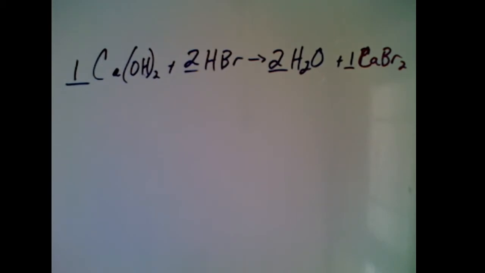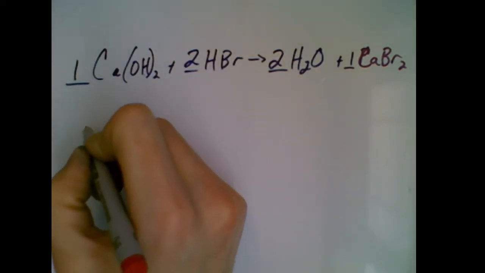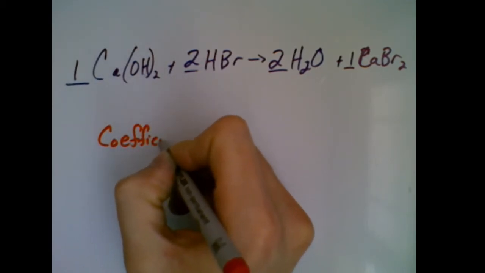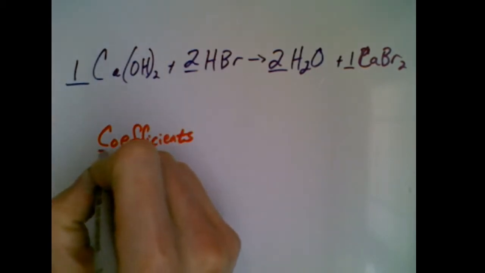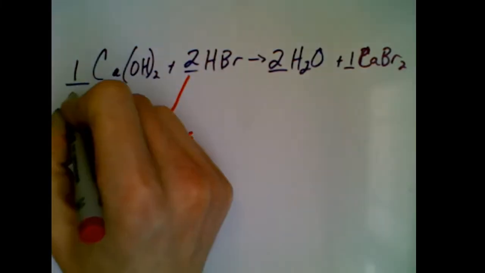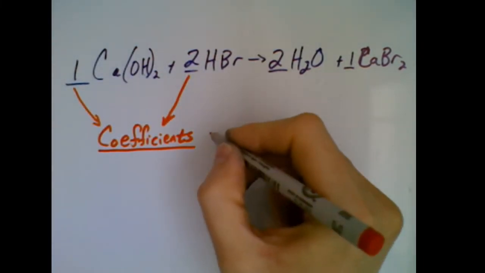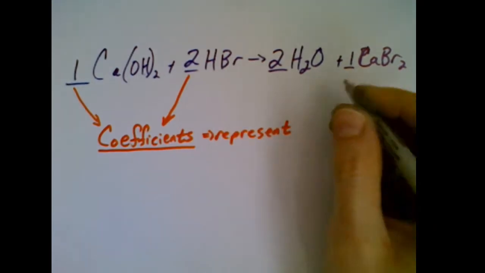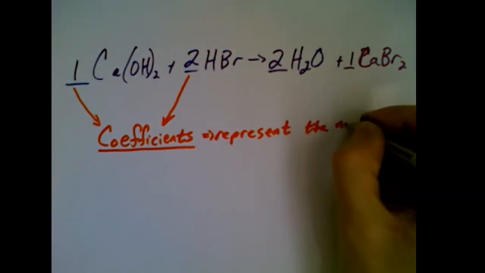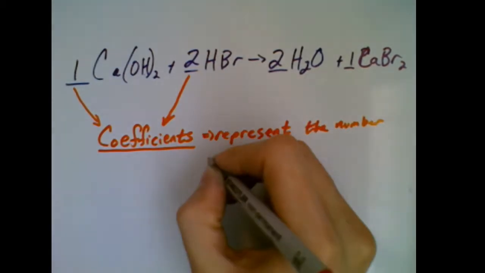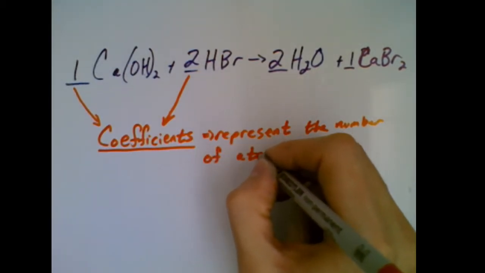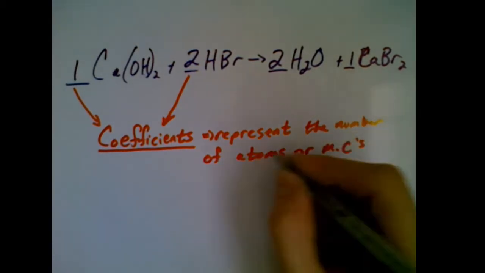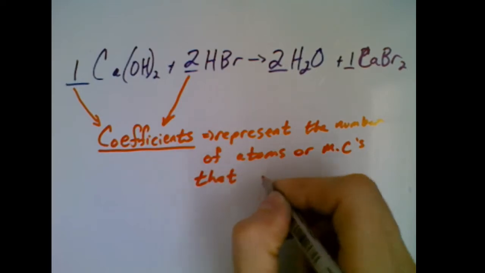Okay, here's the thing though, those coefficients, remember coefficients are the numbers that we placed in front of each of the molecules. They represent the number of atoms or molecules that react.